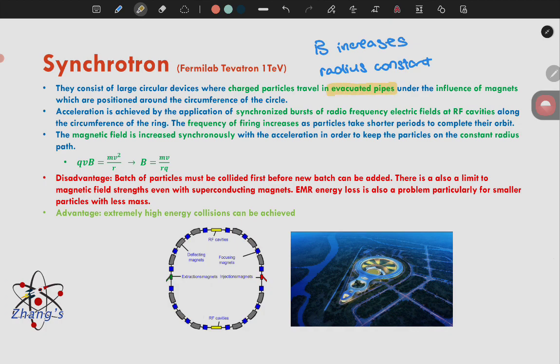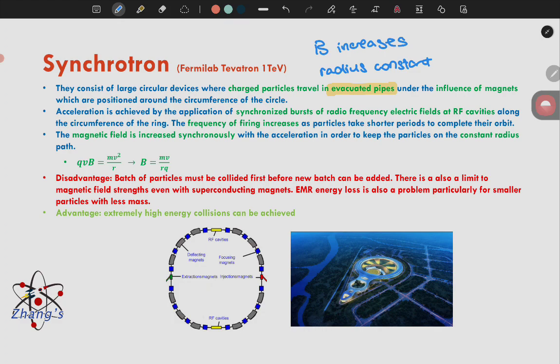And there are places, particularly near the curvatures, where you're going to get magnets which focus and deflect, and the idea is to keep the particles in the circular path. So that's these guys here. The blue and the gray are all magnets that help to deflect the particles so that they stay in a particular path.